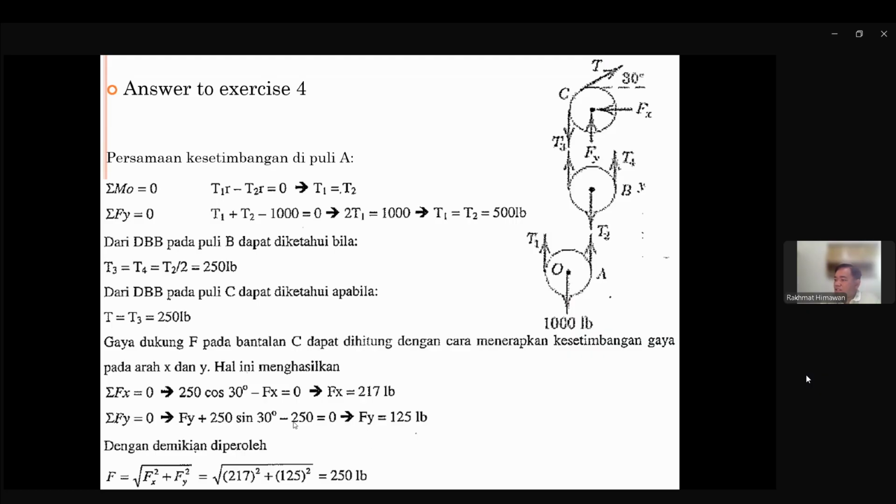And what is the resultant? You want to find out the resultant reaction of this pulley C. You just need to use this trigonometric equation to find it. F is 250. And then we need to calculate the direction of this again. But this is a very short explanation of this problem.